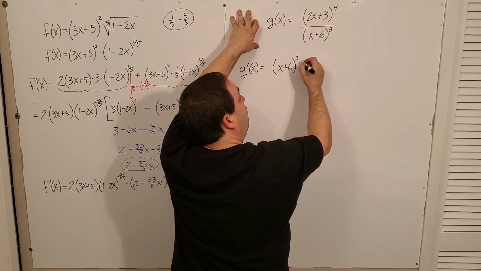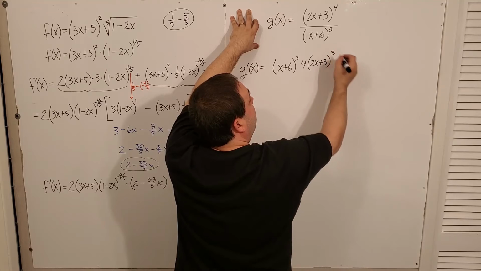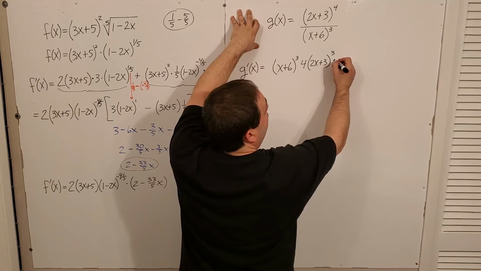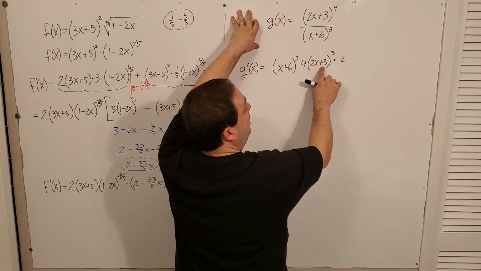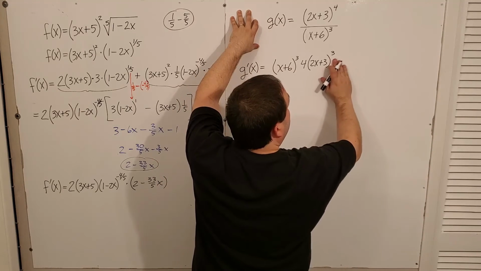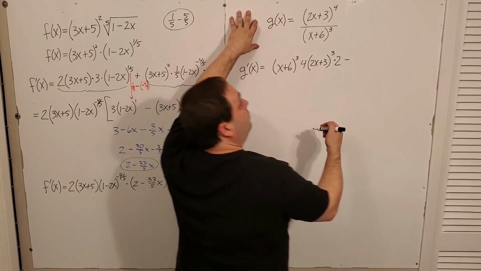So I drop the 4, leave the inside alone. 4 minus 1 is 3, times, here's the chain rule, times the inside derivative, which is 2, right? Because 2x plus 3. Times 2, minus high d low.